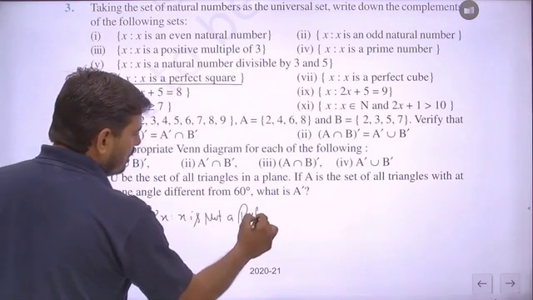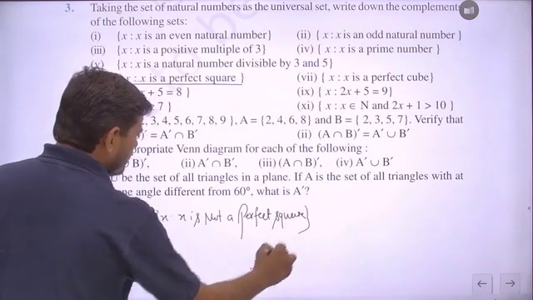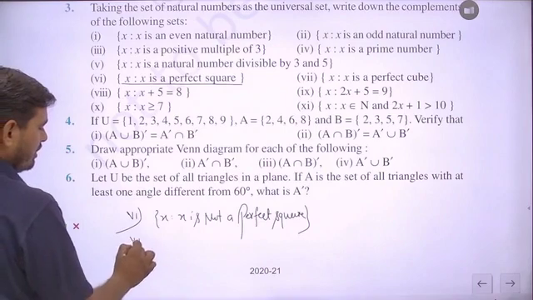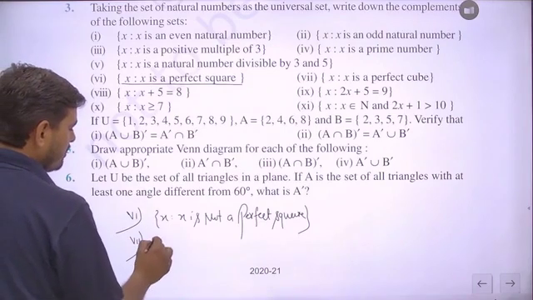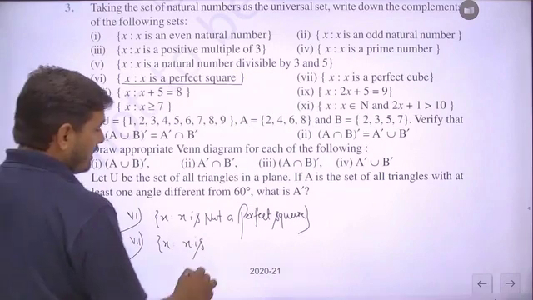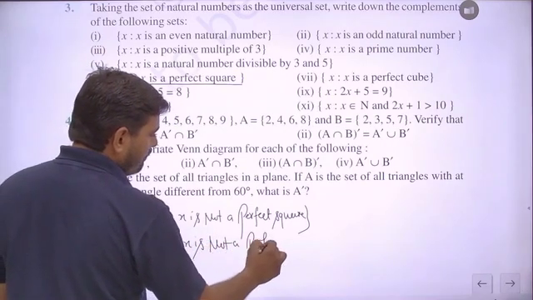You can just write down the answer by making the negative. A similar question, the seventh, is also there. Here the complement of this particular set is written as x is not a perfect cube.